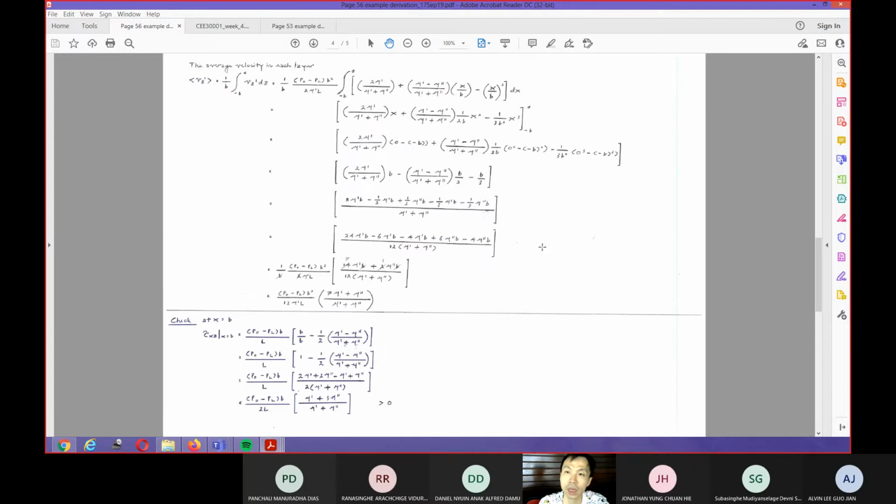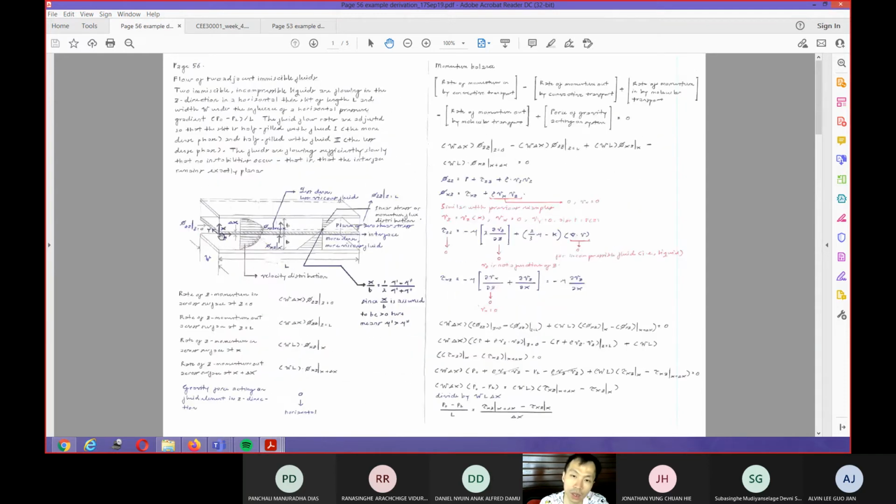And then the next thing that you can find is the average velocity in each layer. So the average velocity in the liquid 1, you can integrate from 0 to minus b, because you are dealing with this from 0 to minus b, right? Strictly speaking, you have to multiply with this w, but this w does not change.